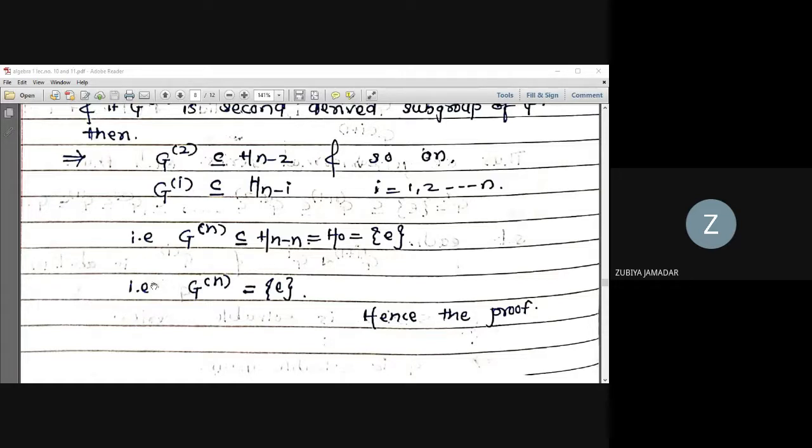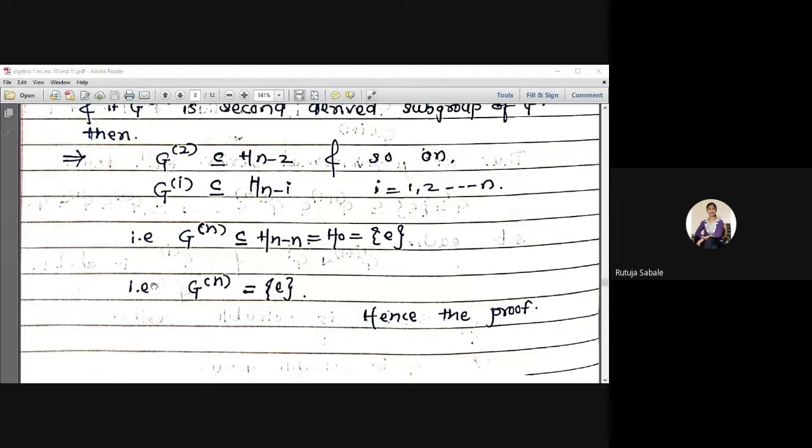Now G2 is the derived subgroup of G1. So the smallest subgroup of G dash containing U is G2, which is equal to singleton 1. The identity exists, so a positive integer n exists.